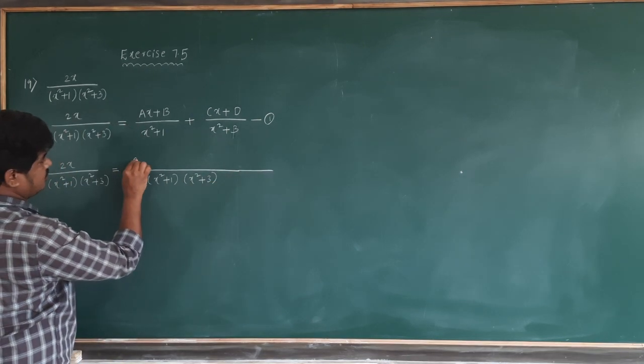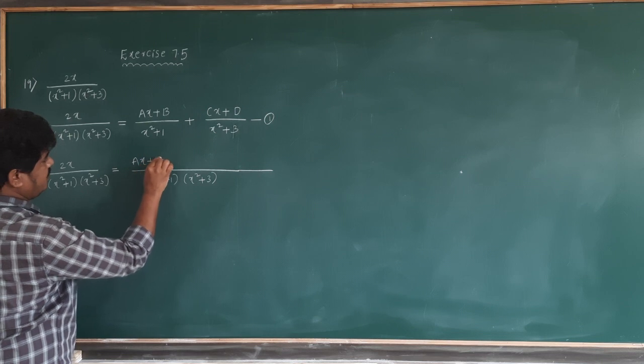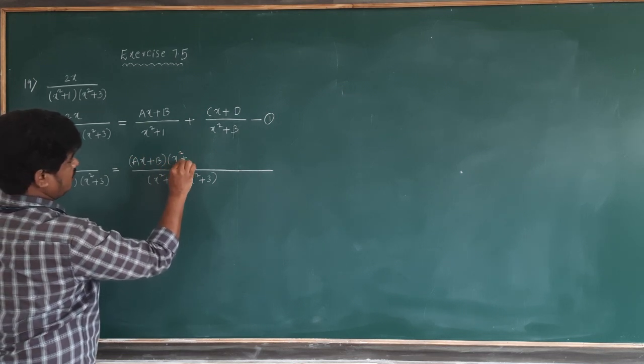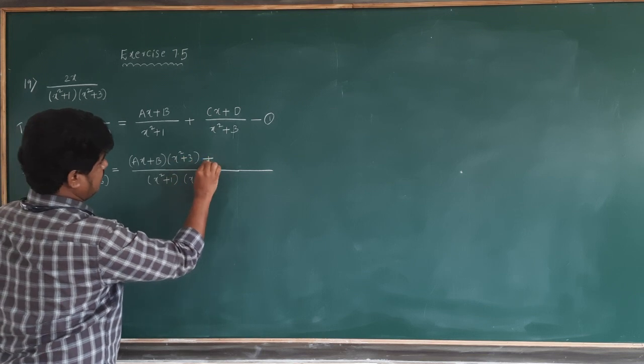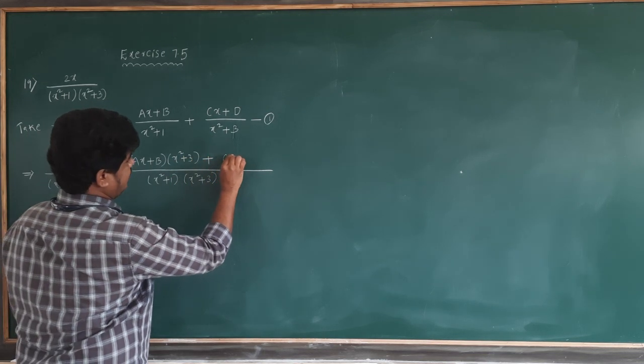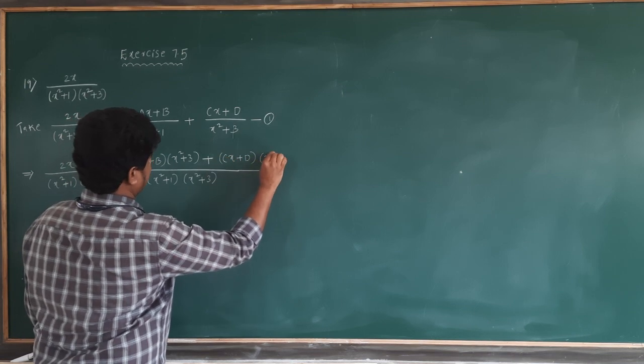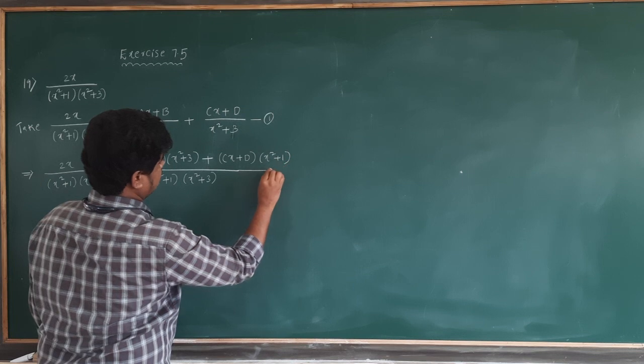What will we get? (ax plus b) into (x square plus 3) plus (cx plus d) into (x square plus 1).